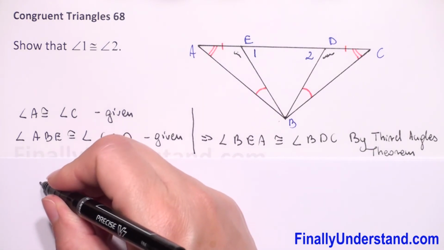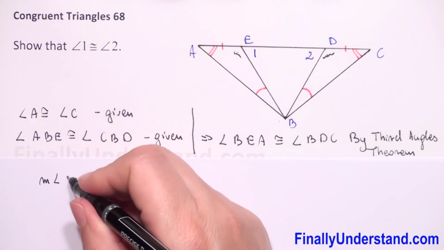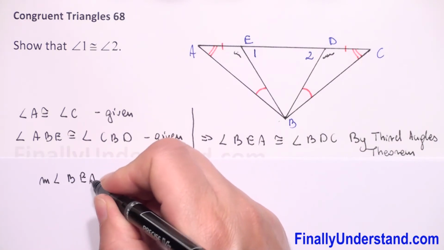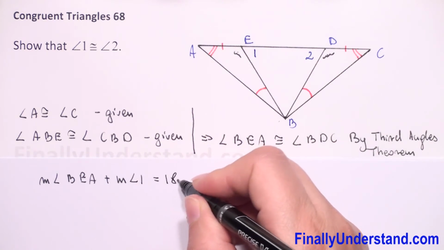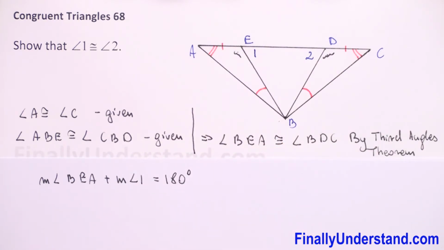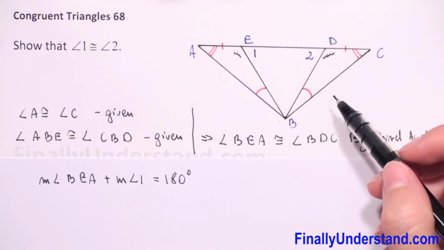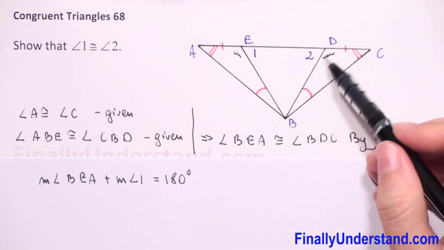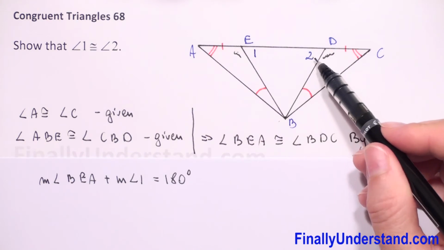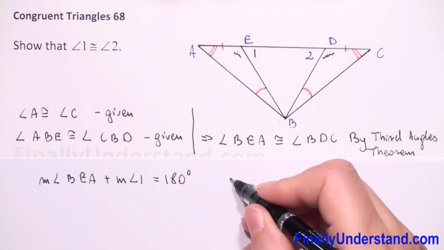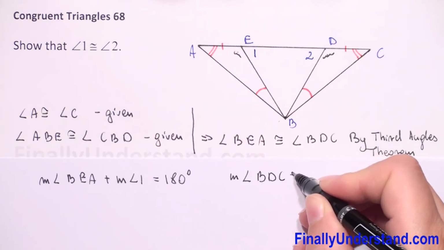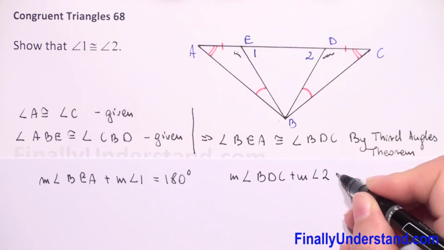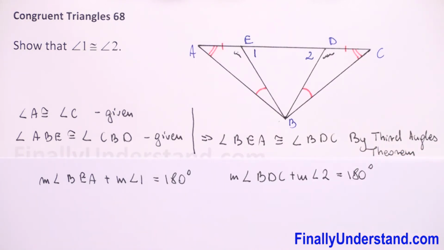So let me put that measure of angle BEA plus measure of angle 1 is 180 degrees. And on the other side, we have that measure of angle BDC and angle 2 are supplementary as well. So we have that measure of angle BDC plus measure of angle 2 is 180 degrees.